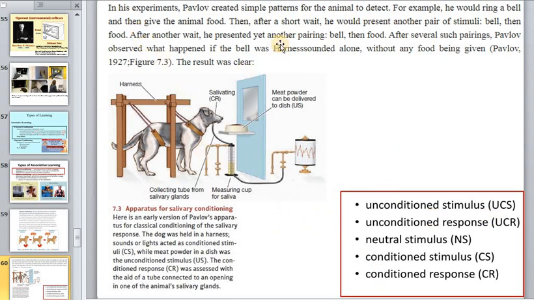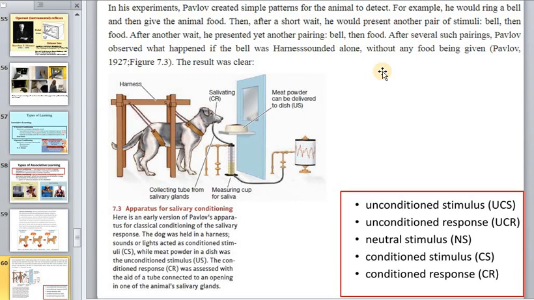And these were the Pavlovian experiments, which created simple patterns for the animal. For example, he would ring a bell and then give the animal food. We can use not only a bell, we can use different stimuli, just a light or something.